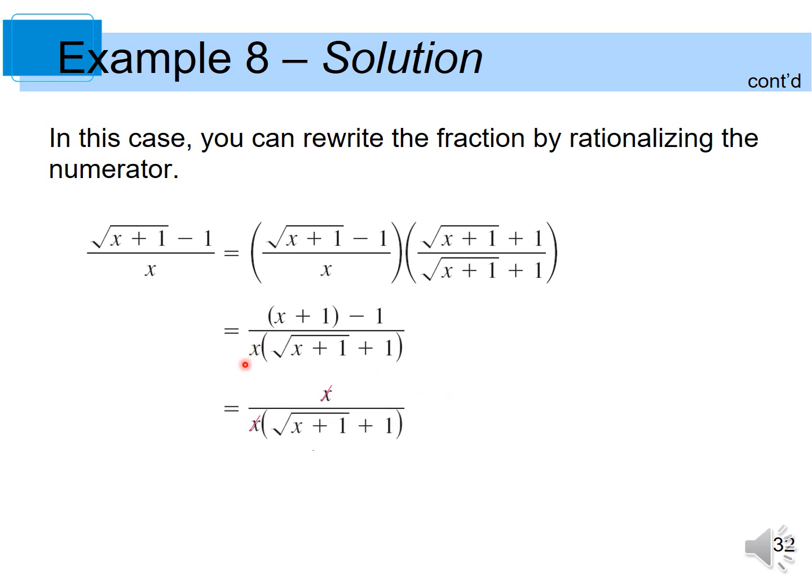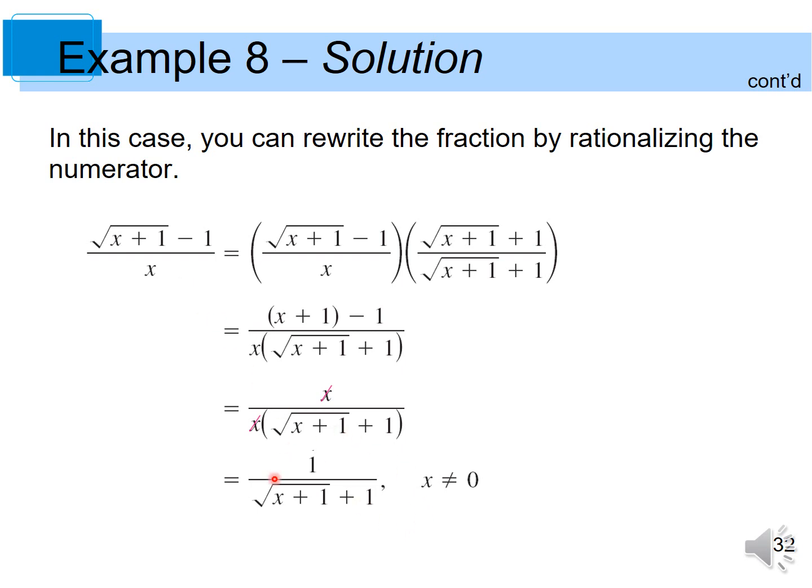And we can simplify the x plus 1 minus 1, which is x, and the x at the denominator can be simplified. So lastly, we have 1 over radical x plus 1 plus 1, where x is not equal to 0 because of the original rational function.